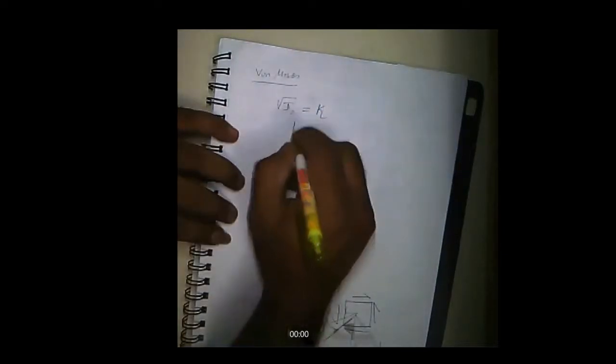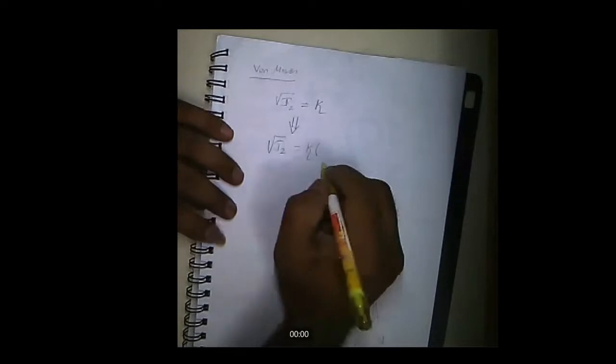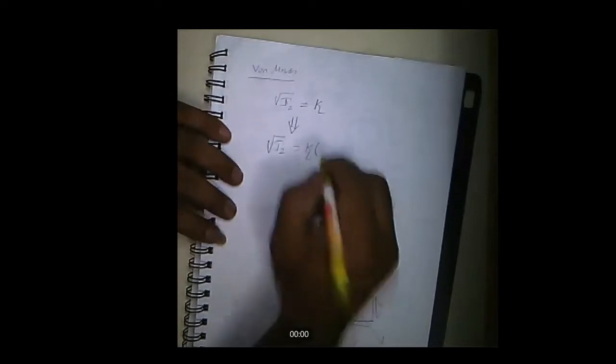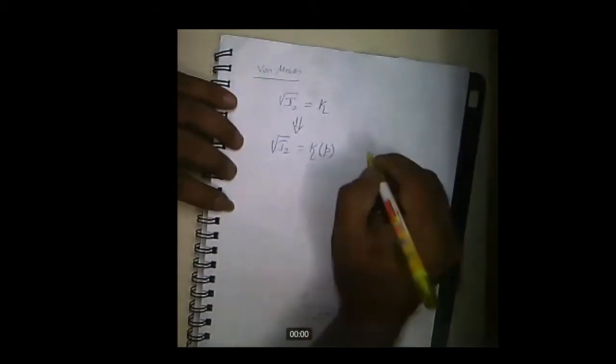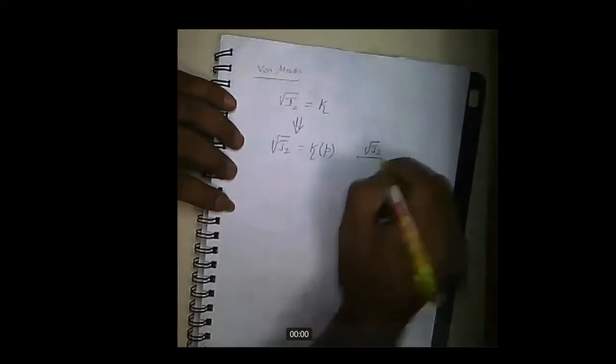How do I now generalize this? Root of J2 is equal to kappa of pressure. Or in other words, I can write this as root of J2 divided by kappa of P minus 1 is equal to 0. Alright?